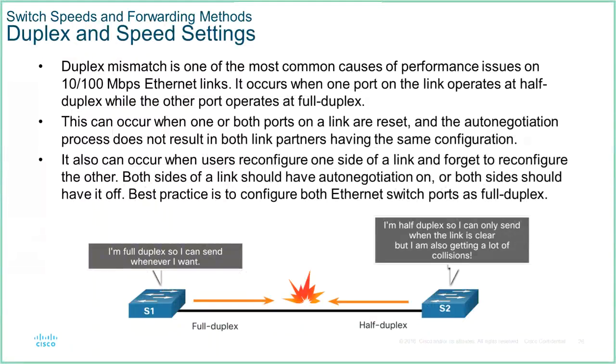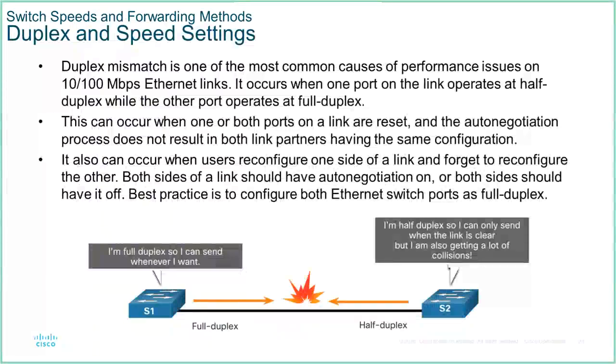So what happens in a mismatch is one says I can transmit and receive and I can do it much better. The problem is on the half duplex end, it's going, whoa, what are you doing transmitting while I'm transmitting? I can't do both at the same time.